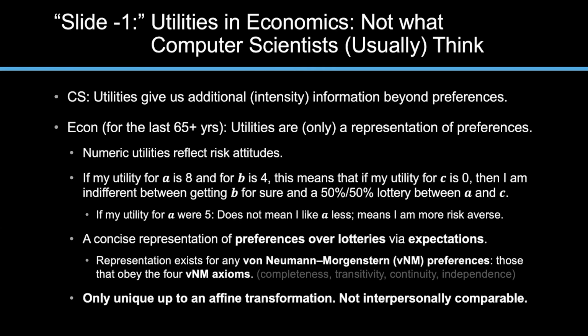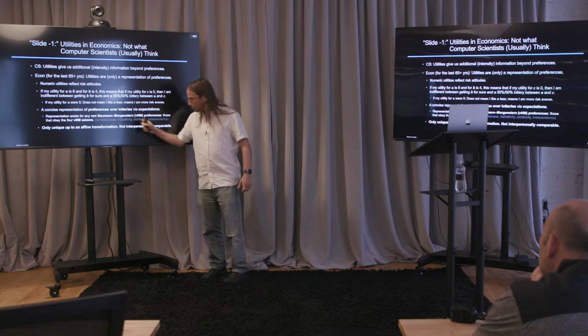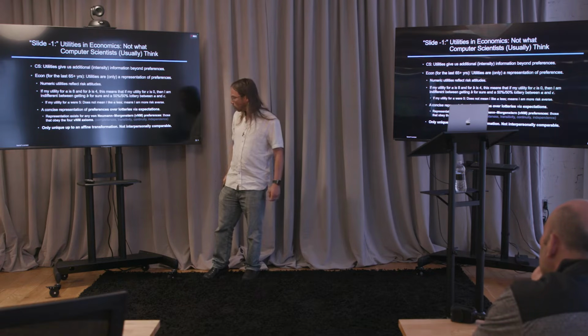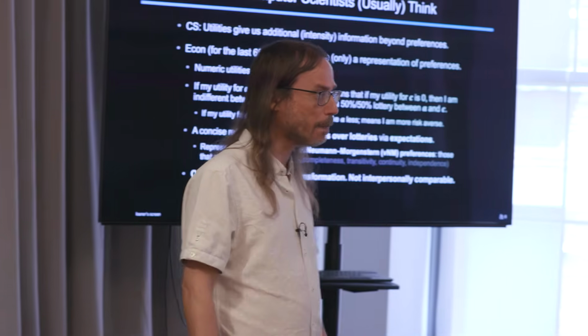In particular, this representation is only unique up to an affine transformation. If you multiply all utility values by 5, or you add 13 to all utility values, all of these comparisons would remain exactly the same. And this gives the next thing, which is a bit of a thorn: utility numbers, cardinal utilities, are not interpersonally comparable.